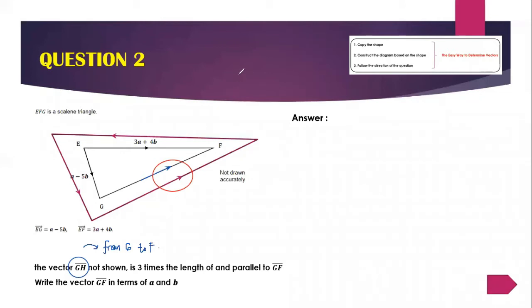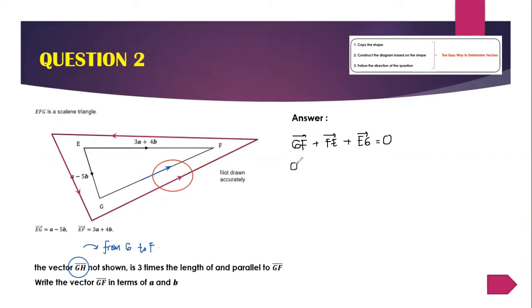Now we're going to answer the question. Based on the diagram, factor GF plus factor FE plus factor EG equals 0, right?